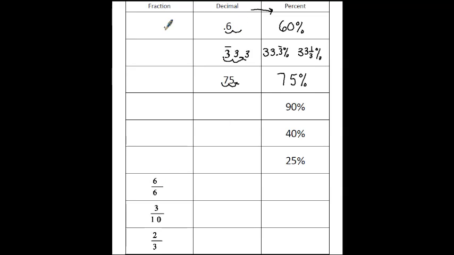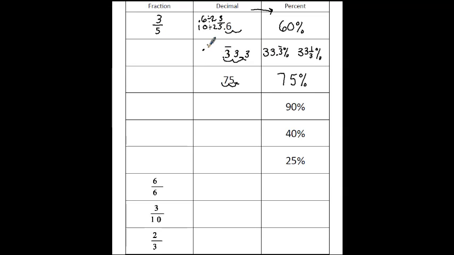So we have 0.6, and 6 is in the tenths place, and 6/10, if I divide the top and bottom by 2, will reduce to 3/5. So that is your simplified fraction answer. So 3/5 is equal to 0.6.